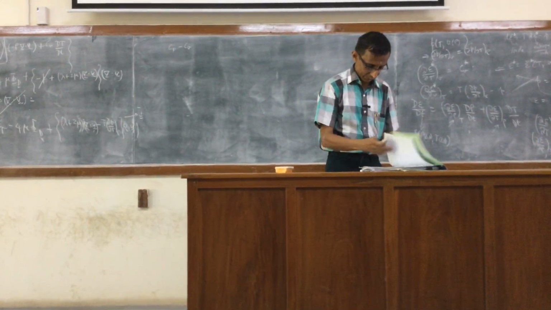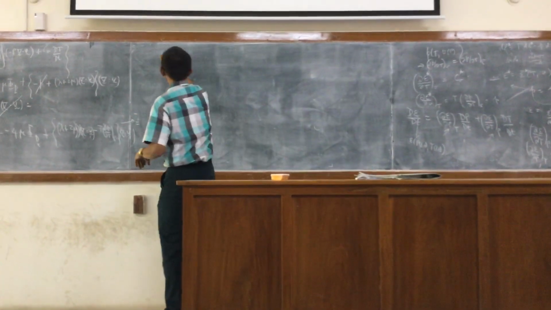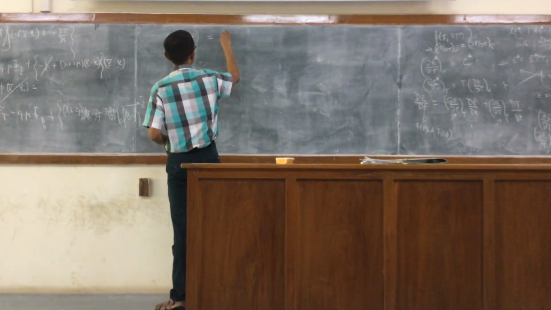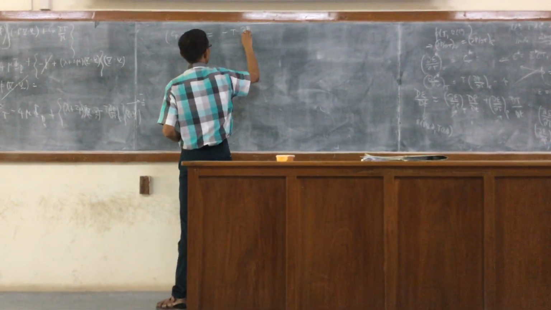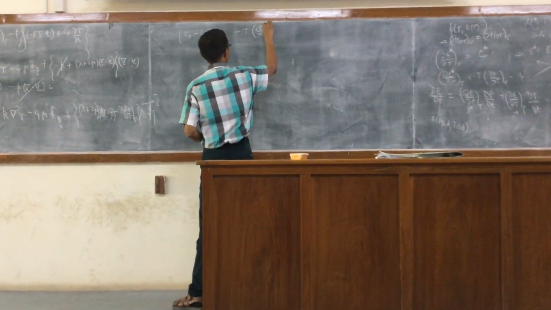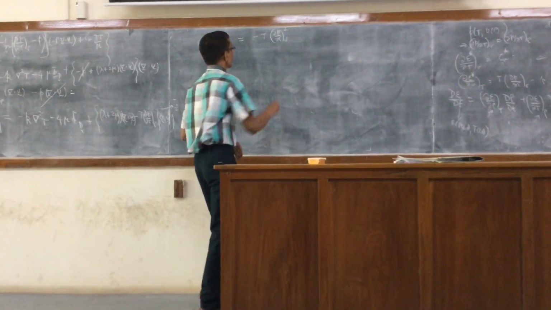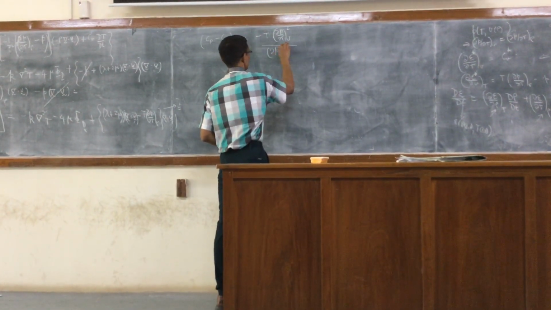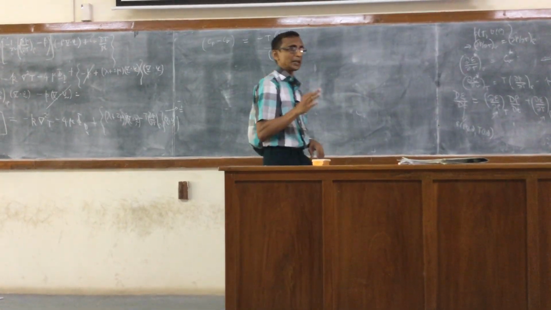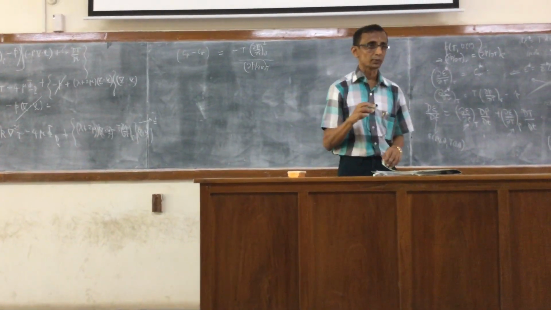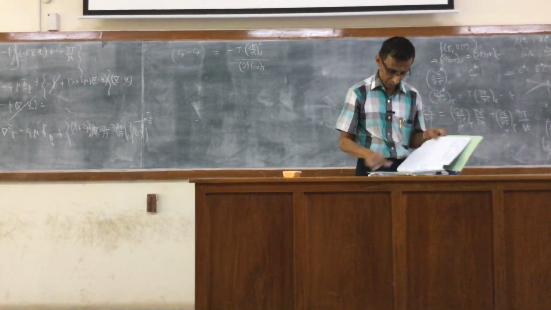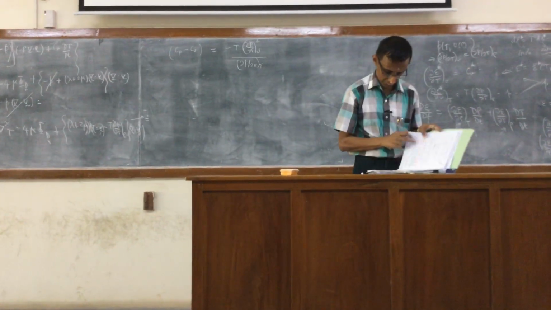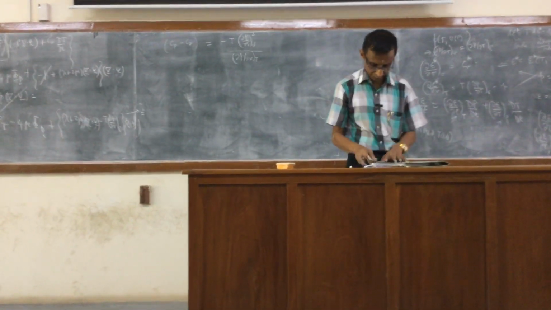That is given by minus T (dP/dT)² by dP/dV. It's also written in terms of beta and kappa and so on. Very famous relation, so I just want to make sure that I reproduce it correctly.